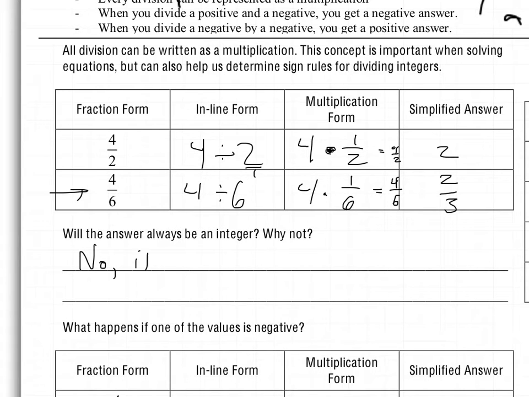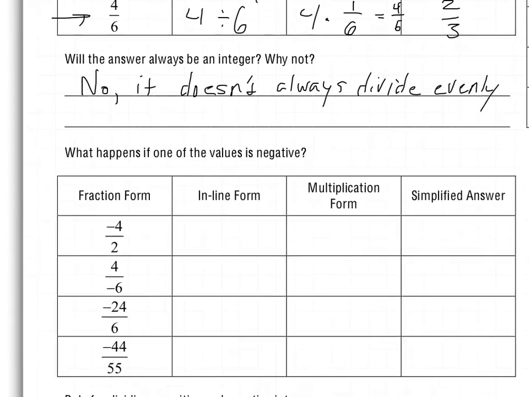It doesn't always divide evenly. So we end up with fractions, decimals, percents, all those types of things, all those other rational numbers.